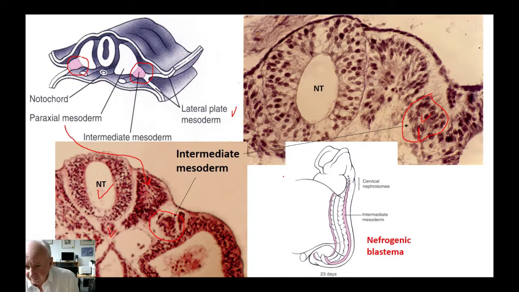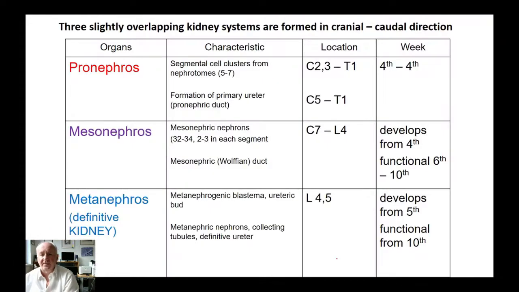Those cells are forming such a cord along the body of the embryo, which is called the nephrogenic blastema. Nephrogenic blastema. So this is our intermediate mesoderm. You see it, and now in this intermediate mesoderm, or in this blastema, we are slowly and steadily developing the urinary system.